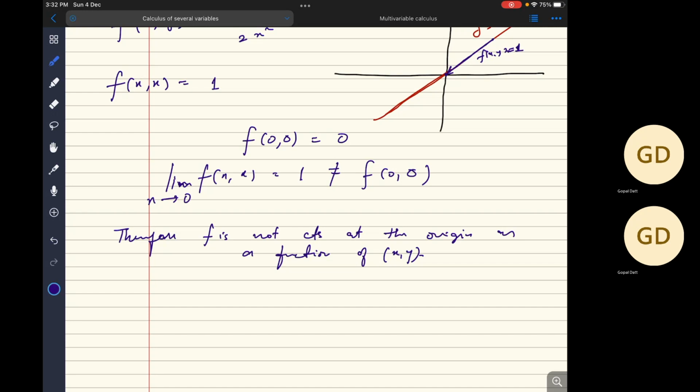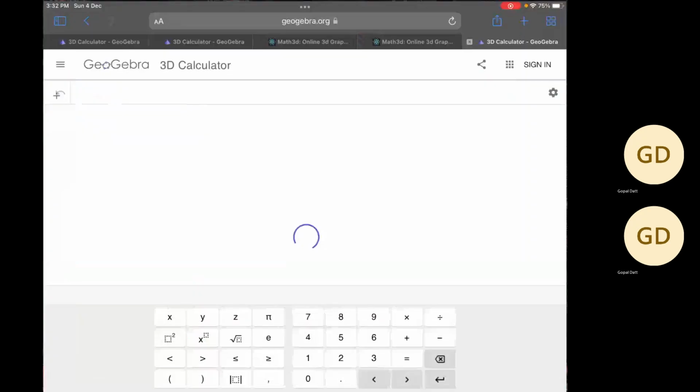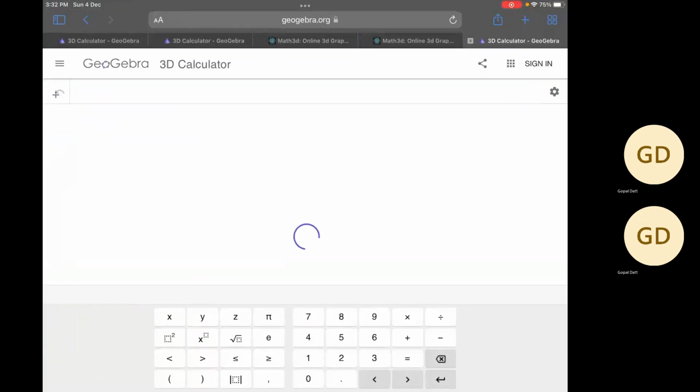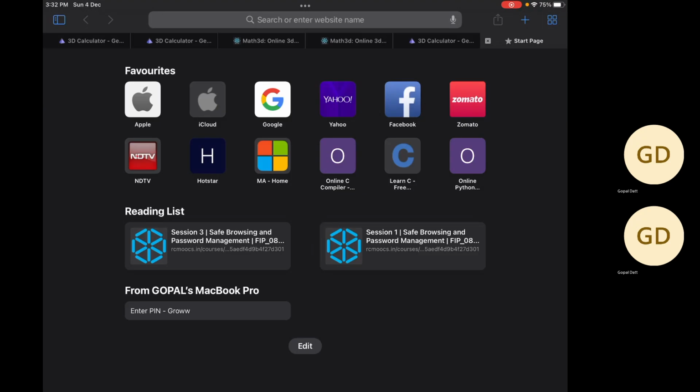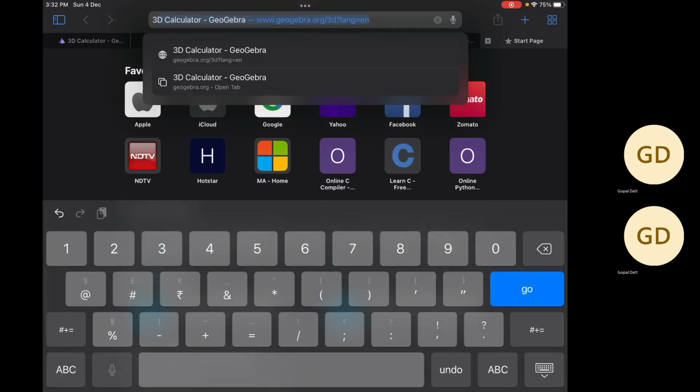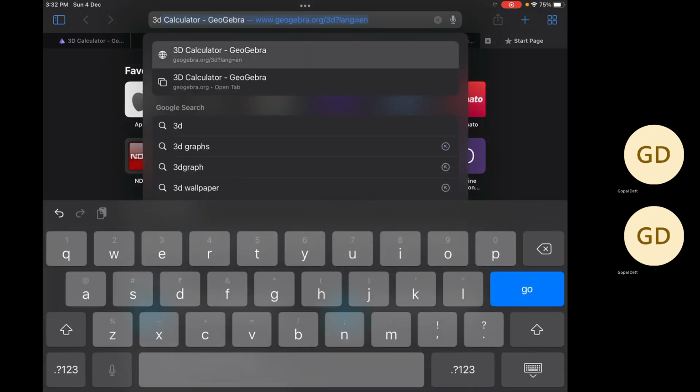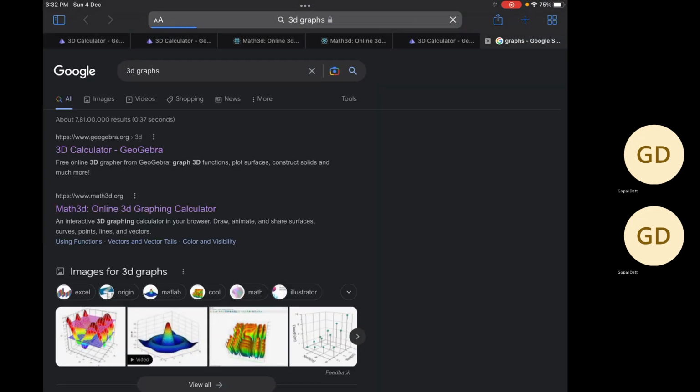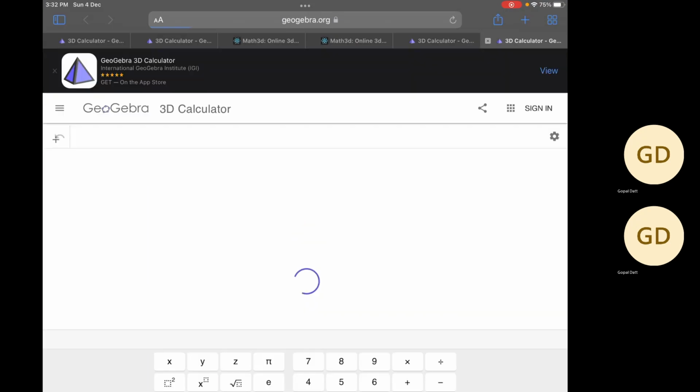Let us see how this function looks. Let me go here, 3D graphs, 3D calculator.